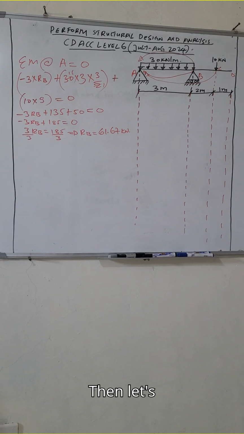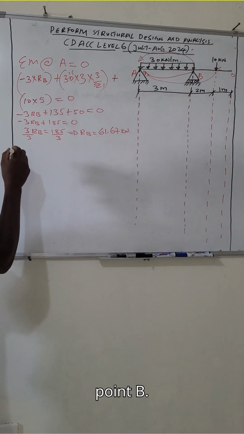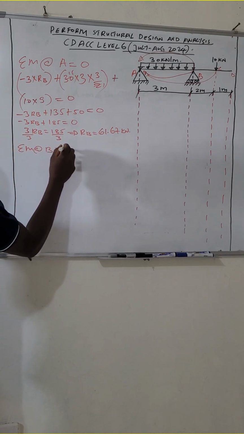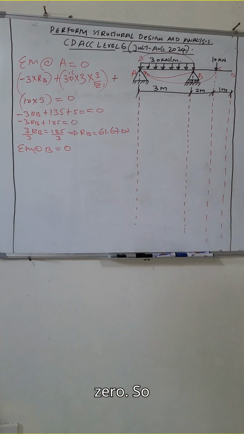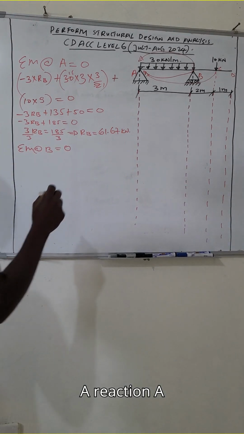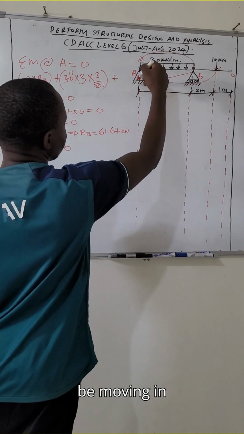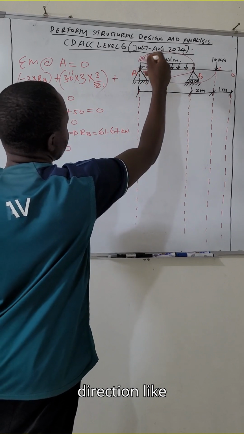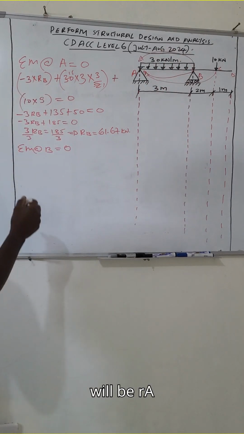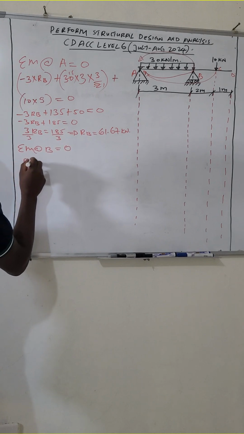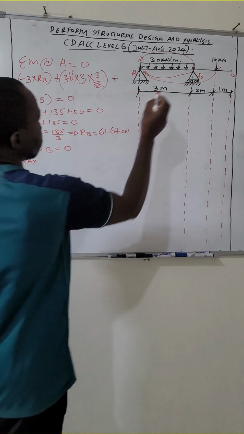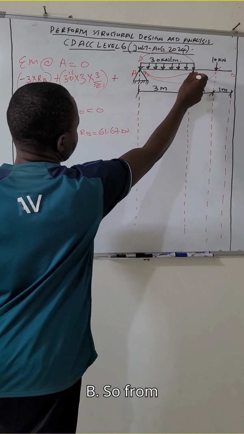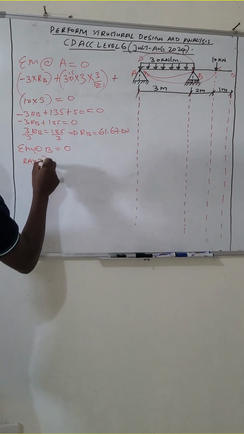Then let's again sum moments at point B. Summation of moments at B equals 0. So reaction A will be moving in a clockwise direction like this. So it will be RA times the distance from where you are summing your moment, that is point B. So from here to here is 3, times 3.